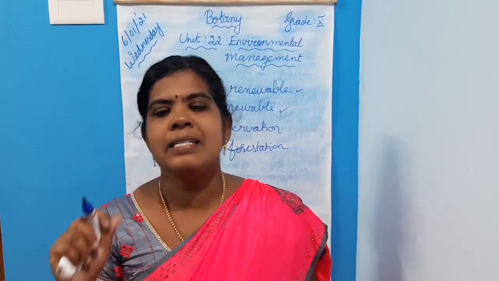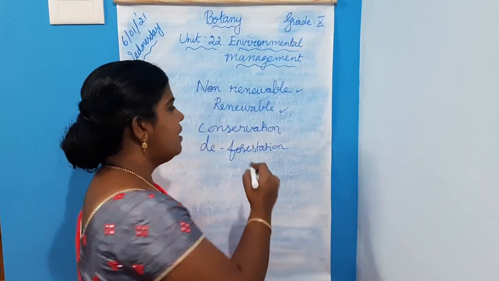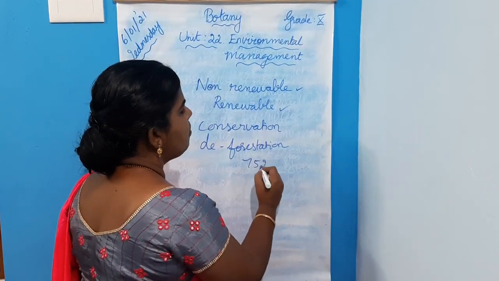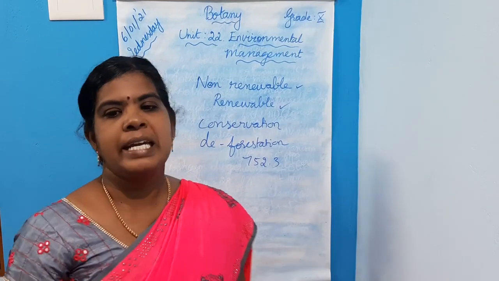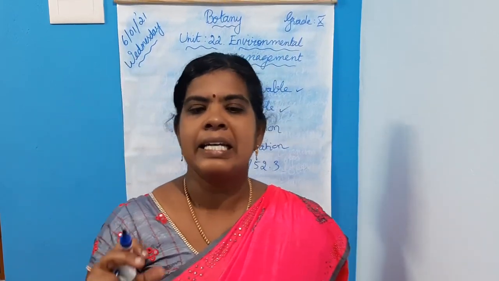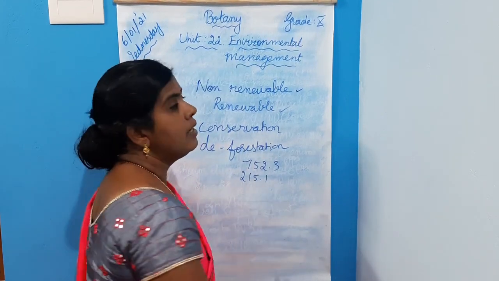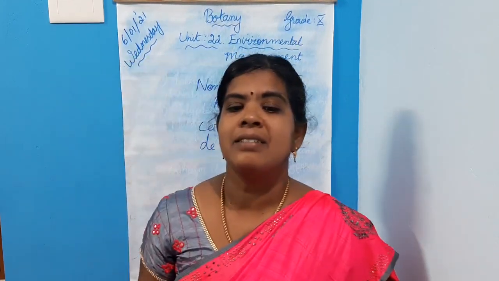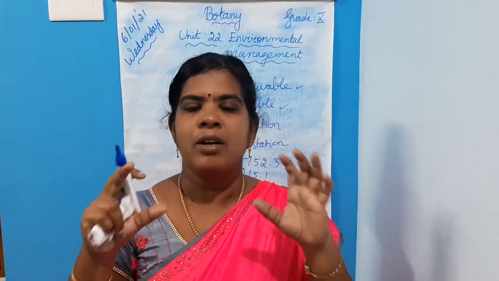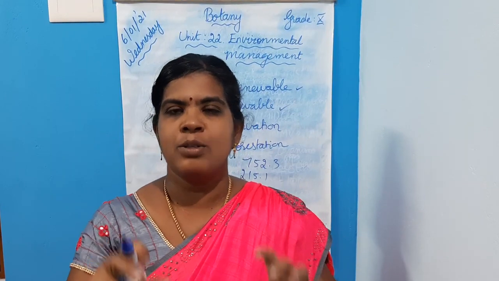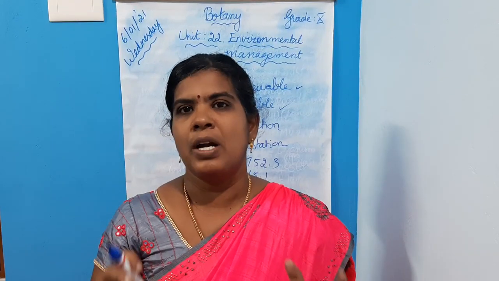So India has an area of 752.3 lakh hectare reserved forest and 215.1 lakh hectare protected forest. These areas have to be protected, so we can conserve the wildlife.